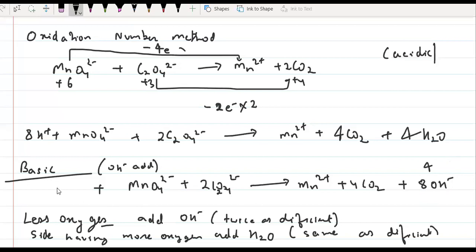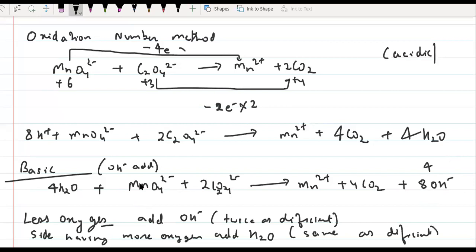And this side, how many H2O should be added? Yes, 4 H2O. Now check. Everything is balanced.